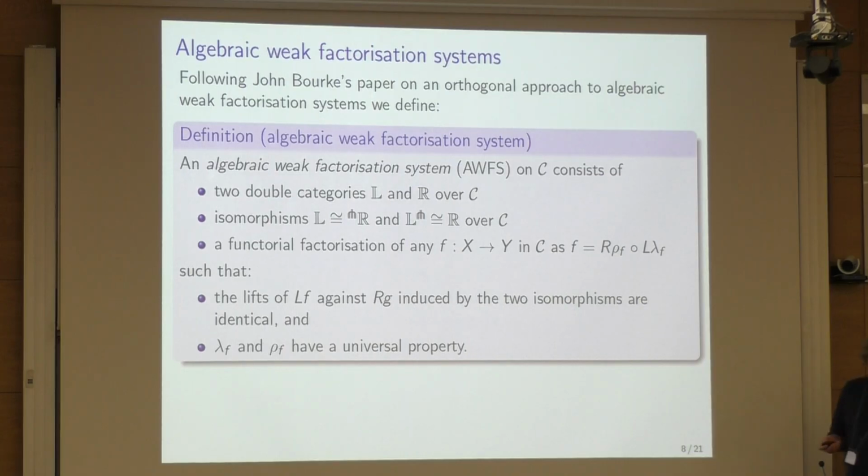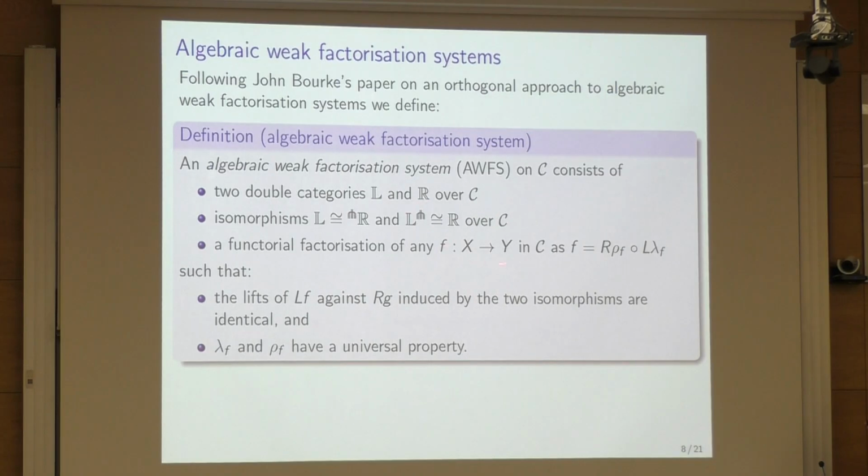So the definition of an algebraic weak factorization system that I will use, this is basically the definition that John Berg gives in his paper on an orthogonal approach to algebraic weak factorization systems as follows. An algebraic weak factorization system on a category C consists of two double categories over C. Then I need the usual orthogonality condition, and I want a factorization.